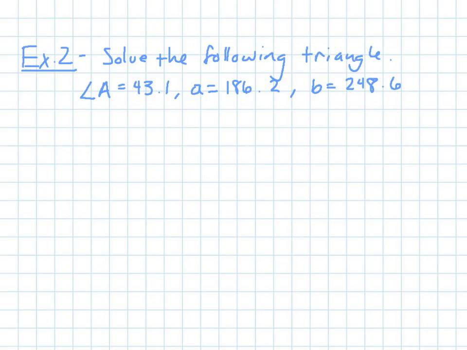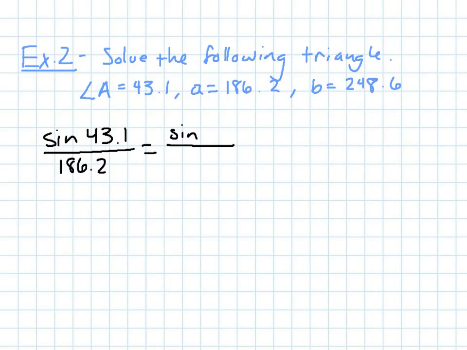Example 2 is similar to example 1, so I first need to find the first angle for B. So sine of 43.1 over 186.2 equals sine of B over 248.6.